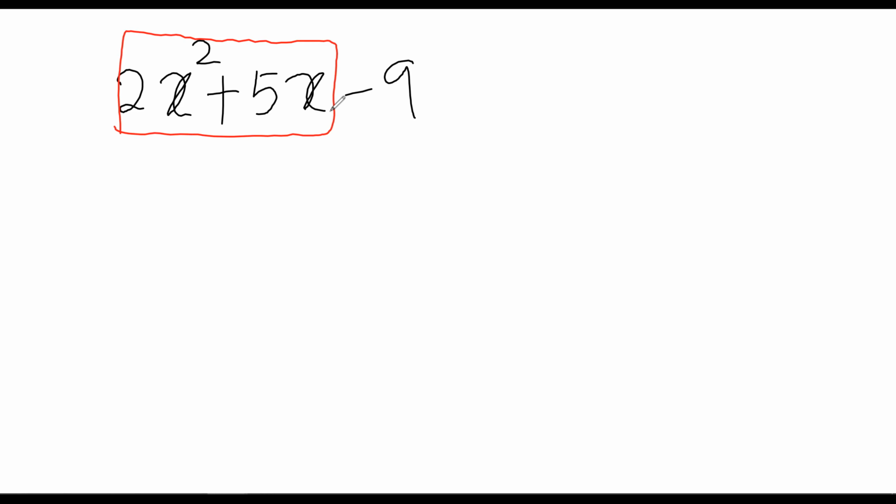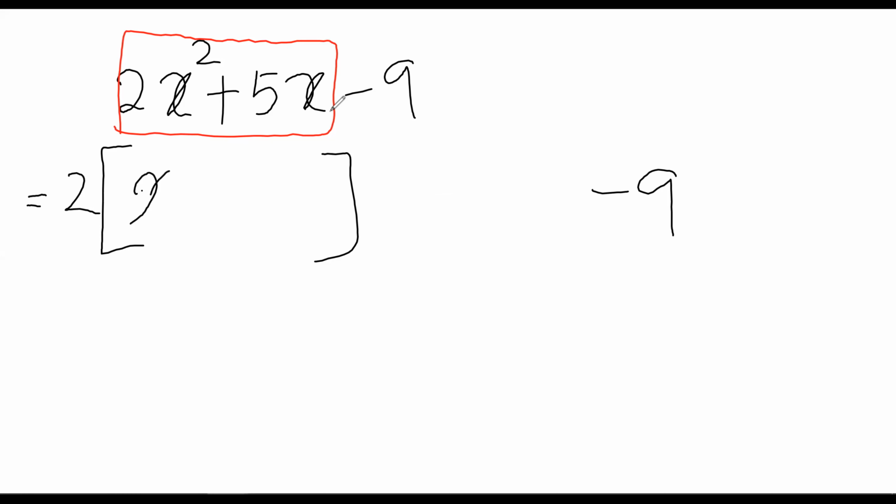You have to take the 2 out of these two terms. Plus minus 9, just leave it as minus 9. I'm just social distancing the minus 9. And what do I get here?